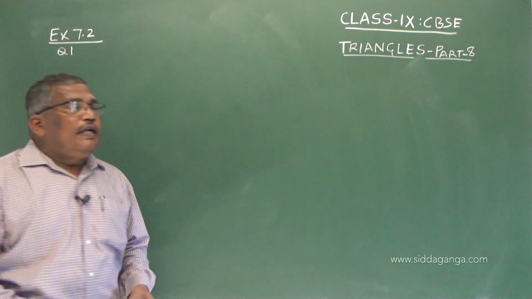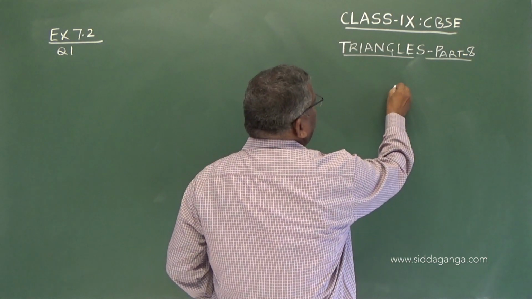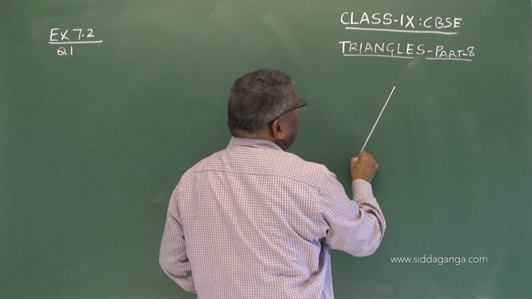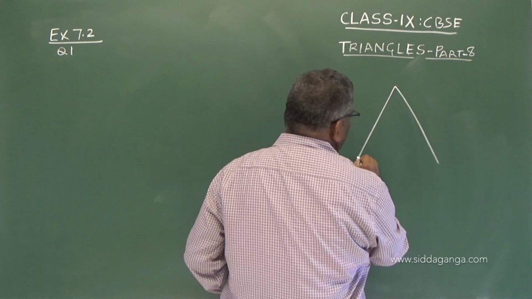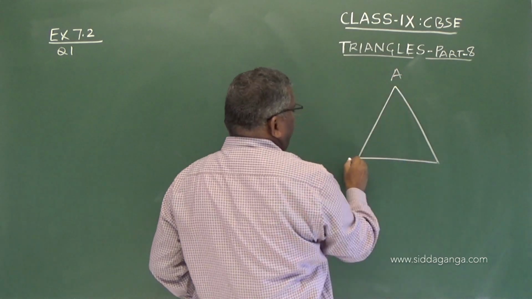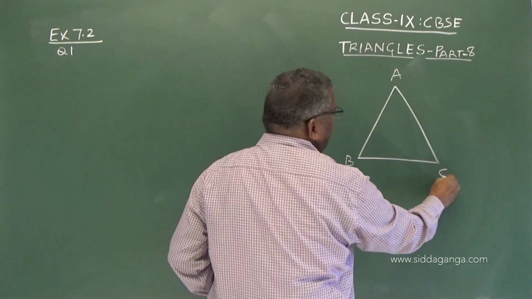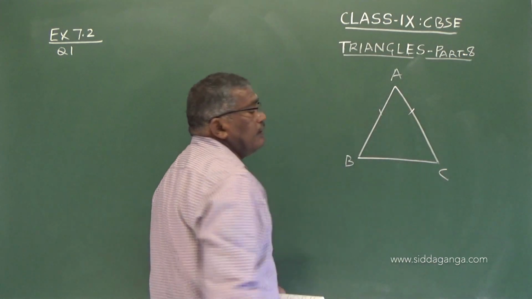So an isosceles triangle ABC is given. So I will write the isosceles triangle ABC. This is AB is equal to AC. This is an isosceles triangle ABC, where AB equals AC.